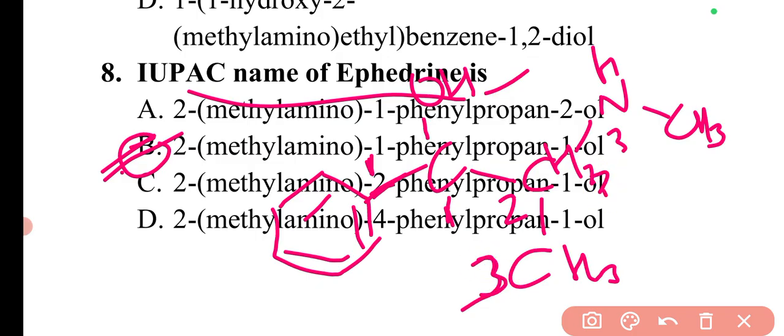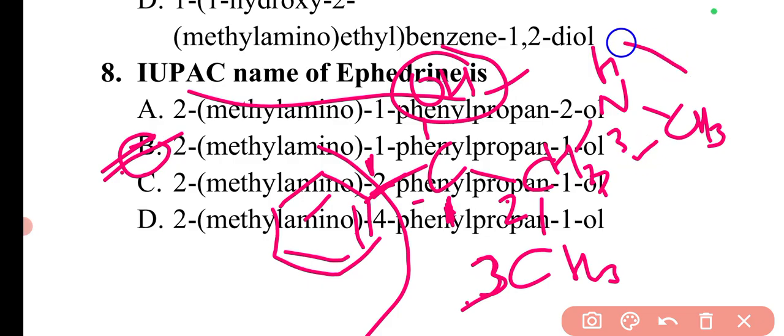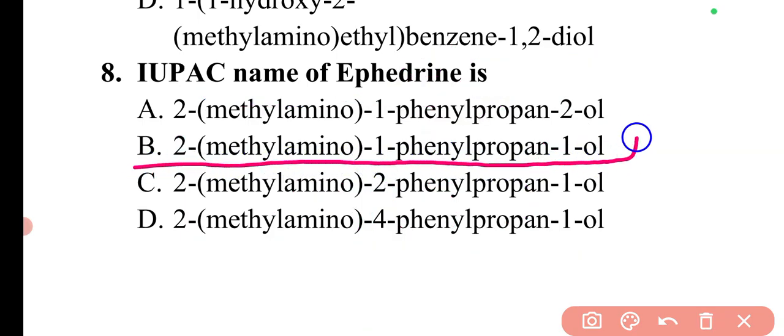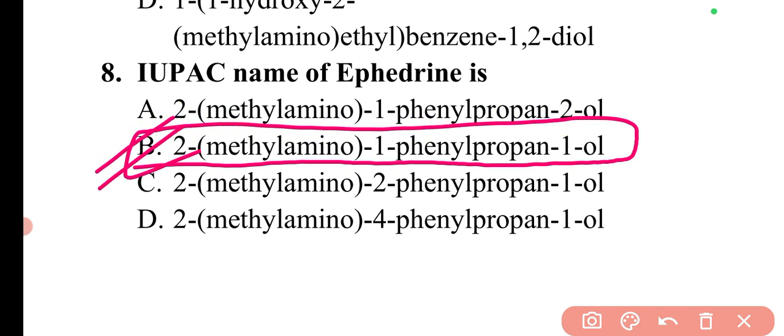At the first position there is a phenyl ring. There are 1, 2, and 3 carbon atoms in this particular structure, so it is a propane chain. At the first position there is an alcohol group, so it will be 1-ol. At the second position it will have the NHCH3 group, that is, position 2 with a methylamino group. So here you can simply find it is 2-methylamino-1-phenylpropan-1-ol. So here option B is correct.